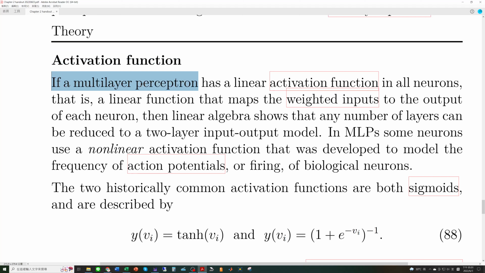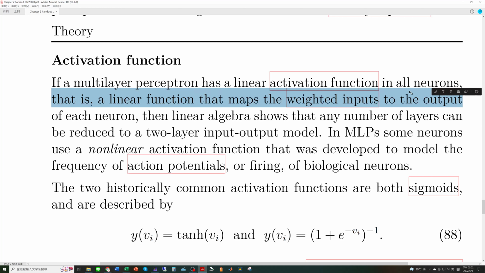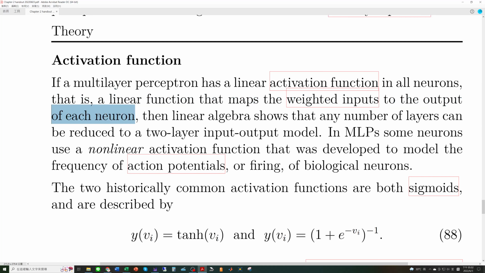If a multi-layer perceptron has a linear activation function in all neurons, that is, a linear function that maps the weighted inputs to the output of each neuron, then linear algebra shows that any number of layers can be reduced to a two-layer input-output model.